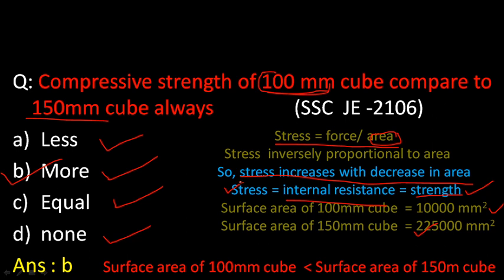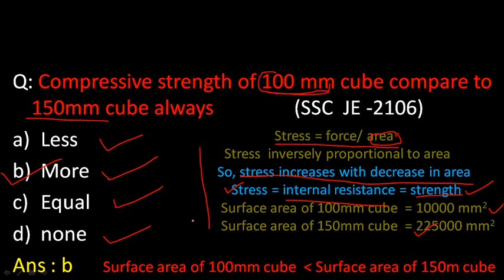And you can explain another reason for this also. If you prepare the section with more dimension, there may be a chance of more voids in the concrete section. And if I prepare a concrete member with a lesser section, there may be a chance of fewer voids in the smaller section.